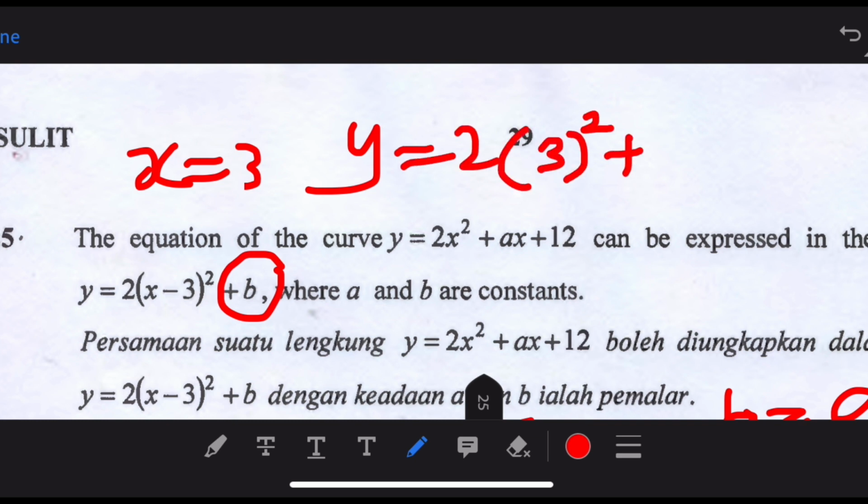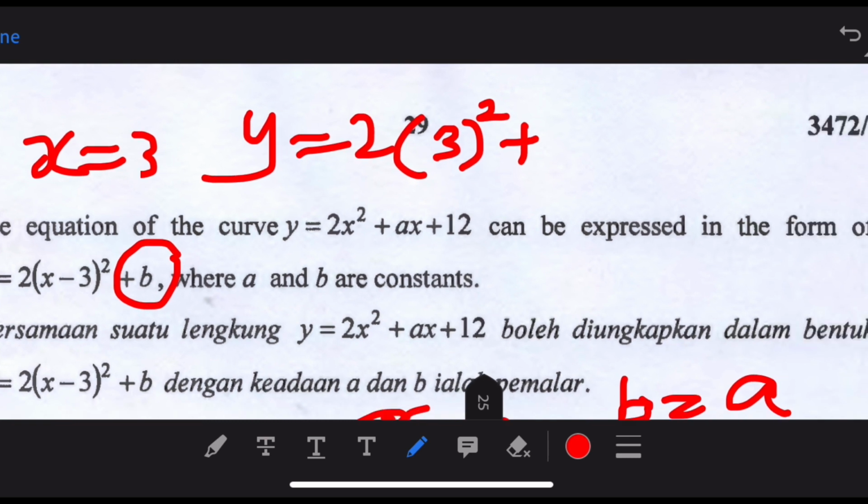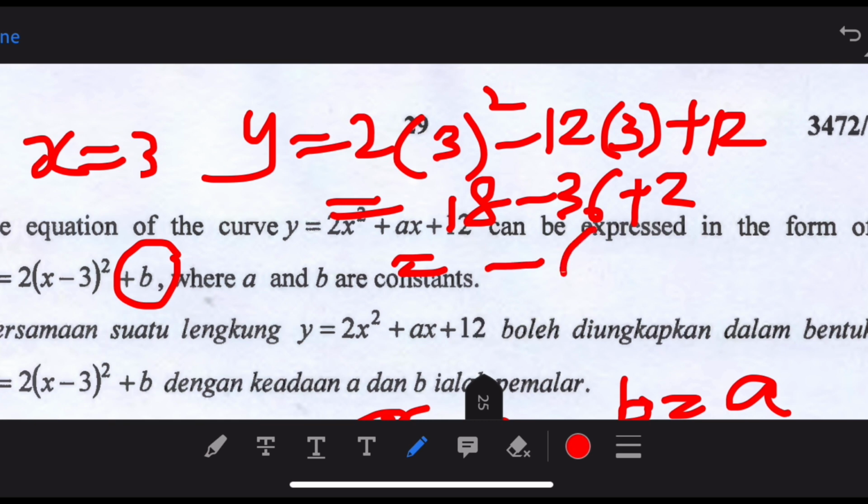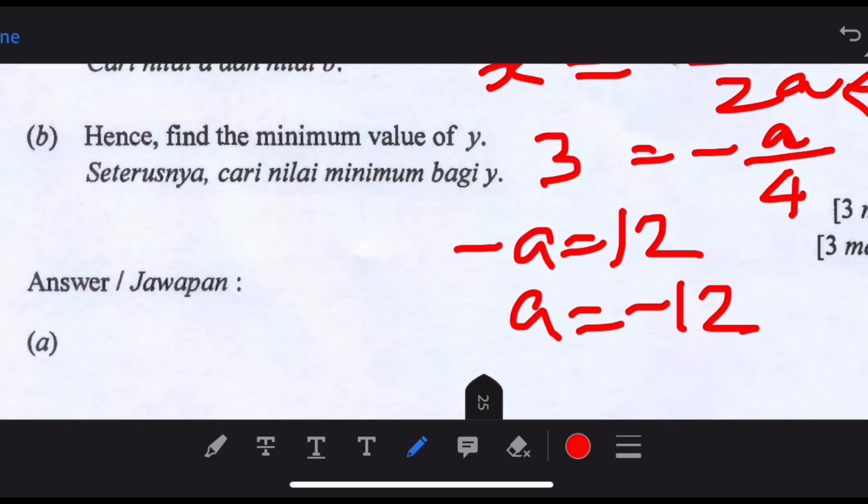So you sub x equal to 3 into the function y equal to 2x squared plus a, which is negative 12x, right? We have the a value just now. So you substitute, then you will try to simplify. You will have 18 minus 36 plus 12.